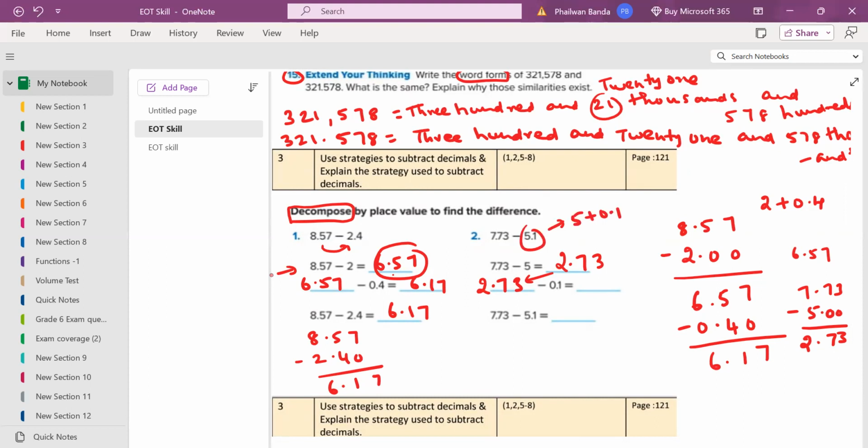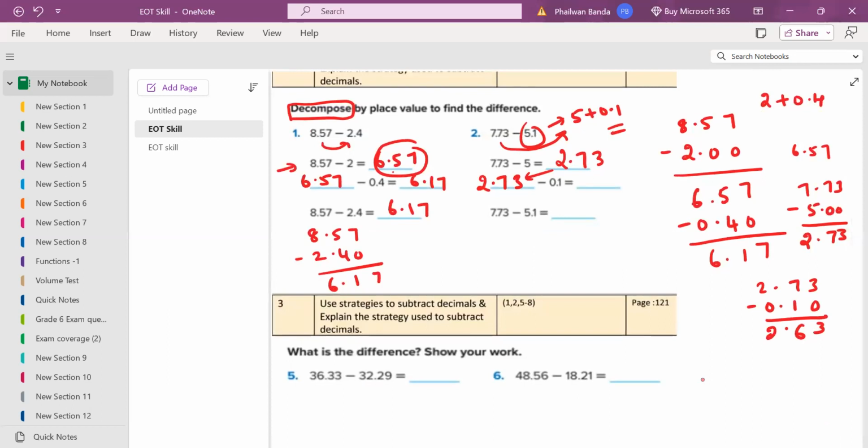So first 5 is subtracted from 7.73 and you write the answer here. The answer that you get, from there you must subtract this 0.1. So how much will you get? 2.73 minus 0.1, which means 0.10. If you don't have any digit, you can simply put 0. So 3 minus 0, 3, 7 minus 1, 6, and 2 minus 0 is how much? 2.